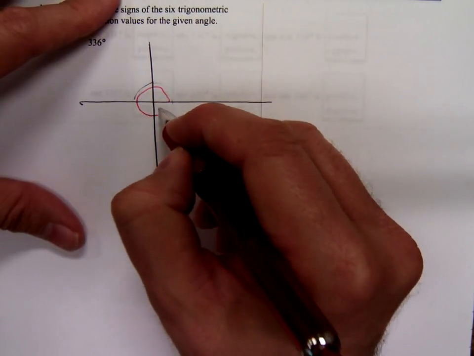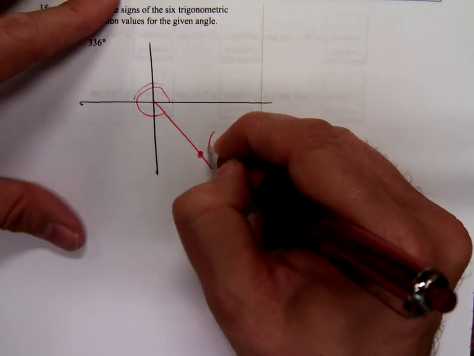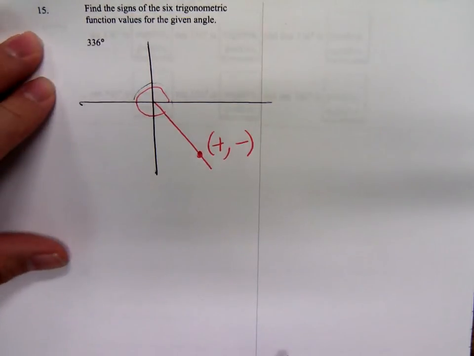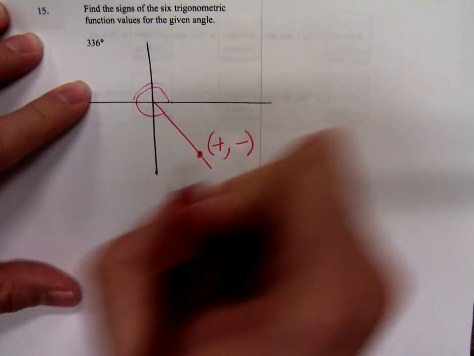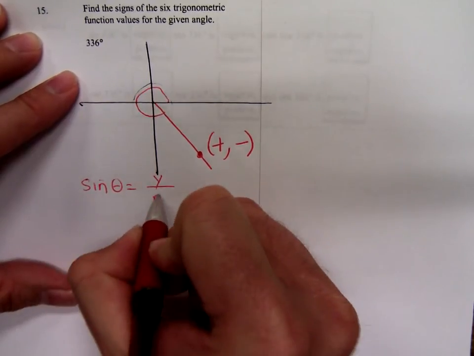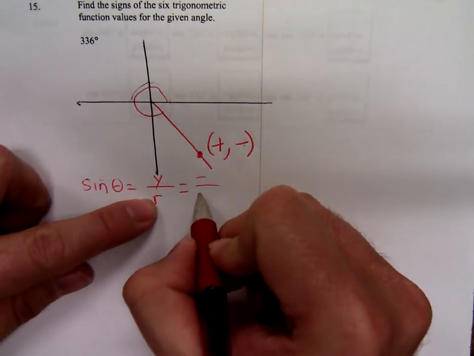It's down here in quadrant 4, which would have positive x's, negative y's. So sine theta, y over r, negative over positive, which is negative.